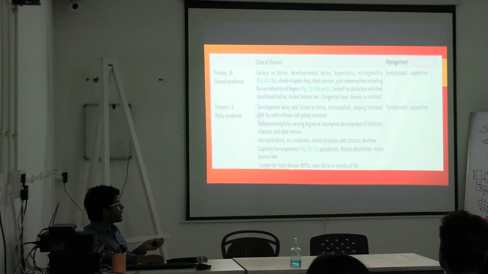Congenital heart disease 80%. Most cases die by 6 months of life. So, congenital heart disease is almost common in every chromosomal syndrome. Again, here management is symptomatic or supportive.